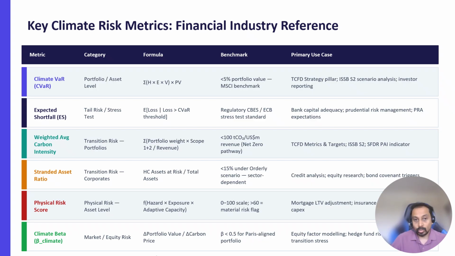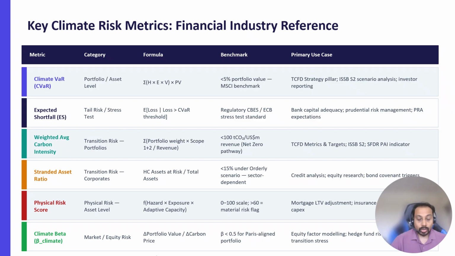So every company has to do this, and based on the jurisdictions as well, there are many scenario analysis disclosures asking for the CVaR. Expected shortfall is the average loss in the worst tail of scenarios beyond the CVaR threshold. So it's more conservative than the CVaR and is what the Bank of England and the ECB use in regulatory climate stress tests for capital adequacy calculations.